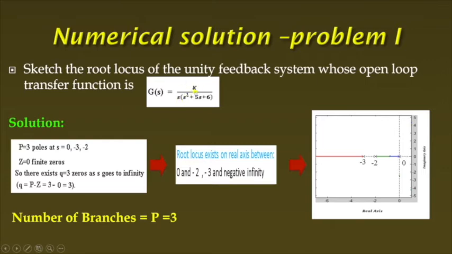But if the numerator is 0, there is no s value. That means there is no zero, so z equals 0. So there is no finite zero.